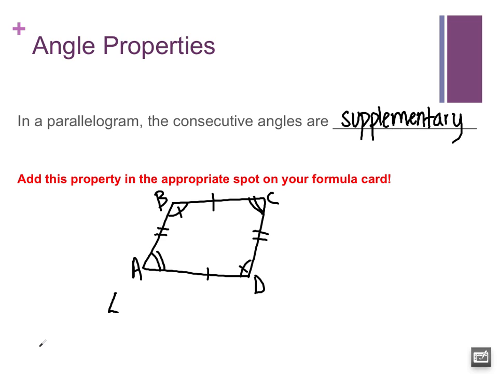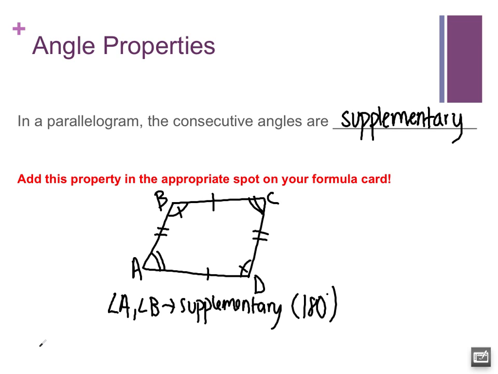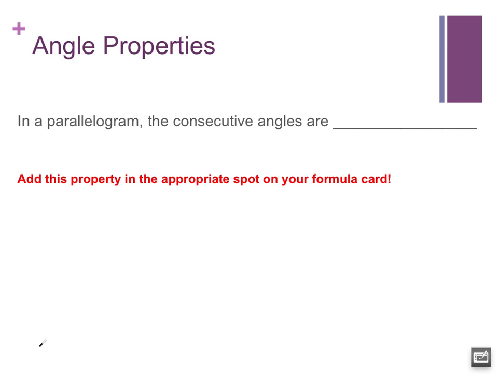So in this case, angle A and angle B, these are supplementary. And remember that supplementary means they add to be 180. B and C are also going to add to 180, C and D are going to add to 180, and A and D are also going to add to 180. So make sure you put this one in your notes and on your property card.